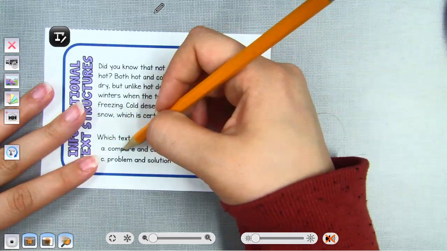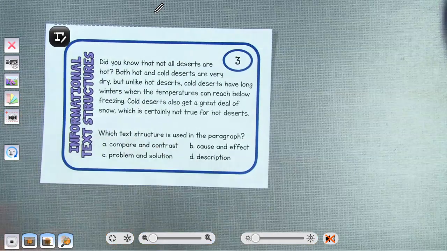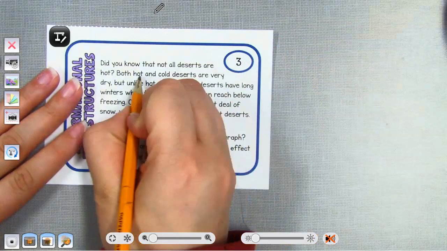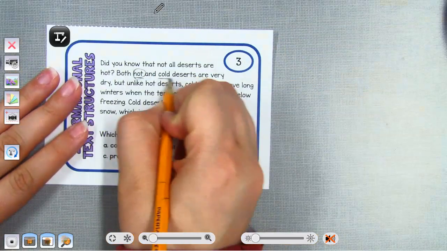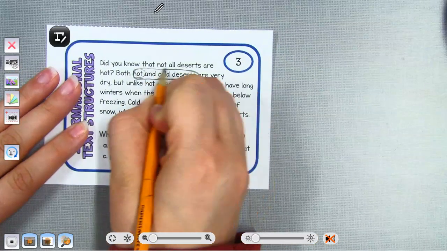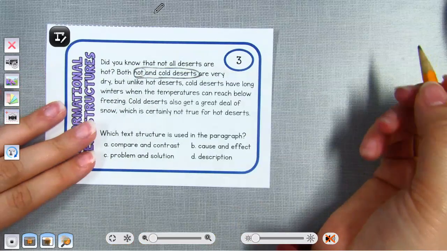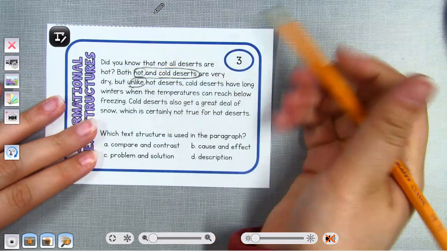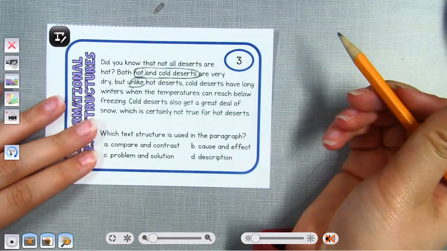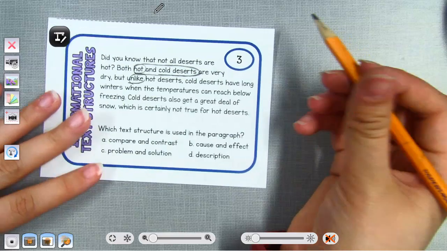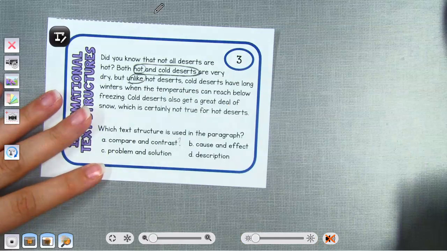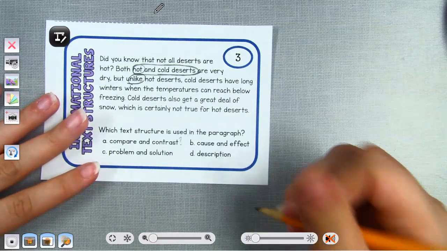So A, compare and contrast. Are they talking about two different things? Yeah, they're talking about hot and cold deserts. Okay? And I see the word unlike. They are very dry, but unlike hot deserts, cold deserts have long winters. So this possibly could be it. B, cause and effect.